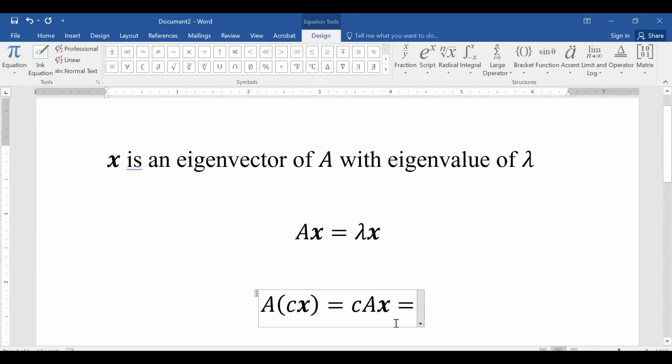All right? So we can take C times AX. We can utilize the fact that scalar multiplication is commutative, and the fact that scalar multiplication along with matrix multiplication is associative.